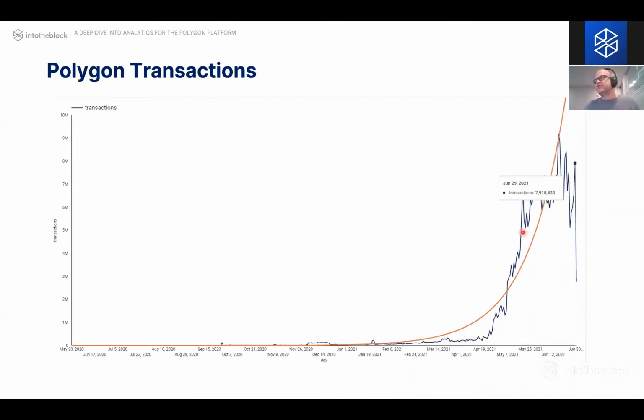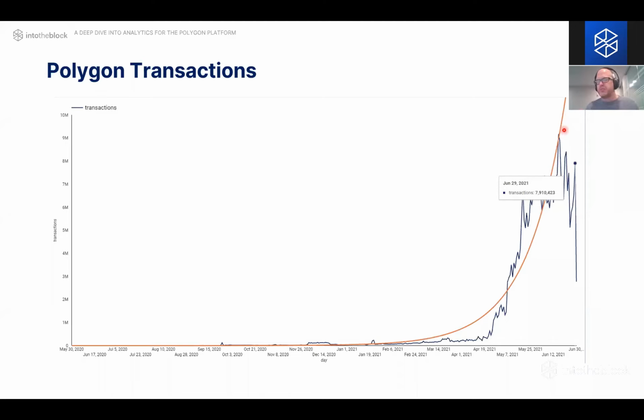The growth has been tremendous, right? So you're seeing the number of transactions already in the millions, approaching like 10 million transactions any given day, and the aggregated curve is literally growing exponentially, as this curve is showing.